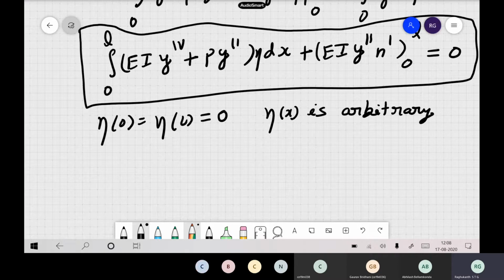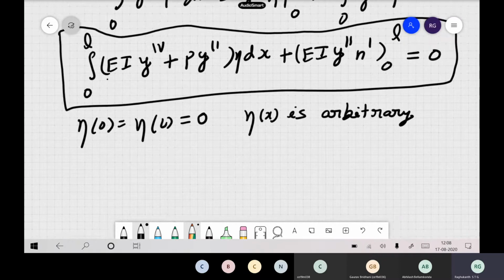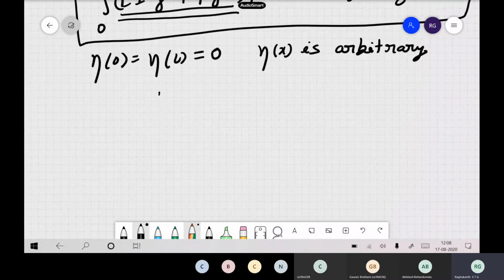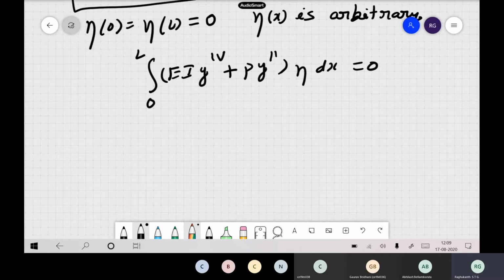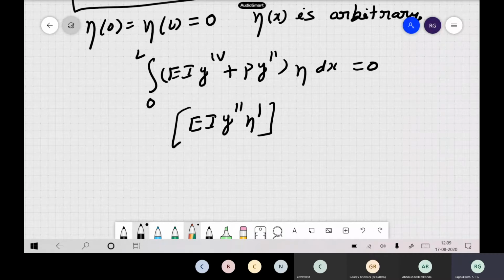So the only way this quantity becomes 0 is, because eta is arbitrary, that the integral from 0 to L of EI y fourth derivative plus P y double dash, into eta dx, is equal to 0. The other condition is EI y double dash eta dash evaluated at 0 and L equal to 0.